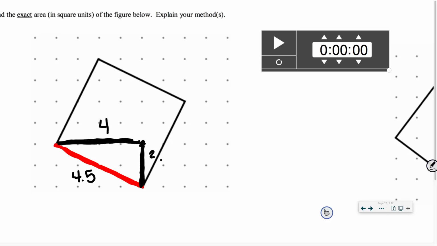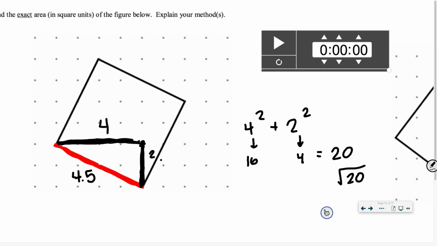What did you do to get that? 4 squared, which is 16, plus 2 squared, which is 4, equals 20, and then the square root of 20. What's the square root of 20? 4.4. Oh, I added wrong. 4.47. We can say 4.5.